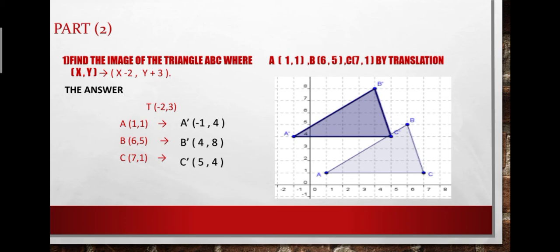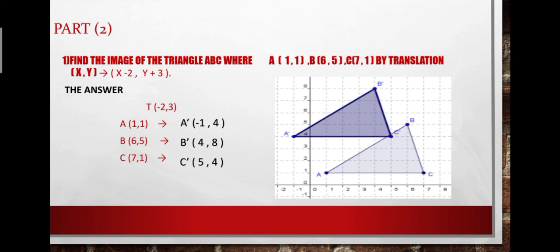So, to represent A, I will stand at 1 horizontal, which is the x-axis, and I will move up 1 point, so this is A. B, I will stand at 6, then I will move up to 5, and this is B. C, I will stand at 7, then I will move up one unit, it will be C, and I will join between them.